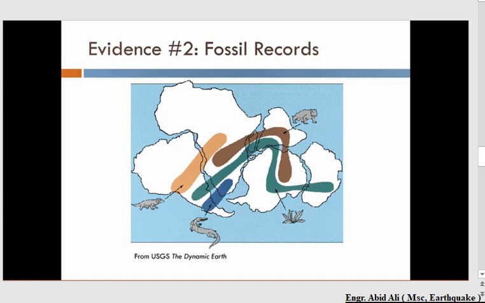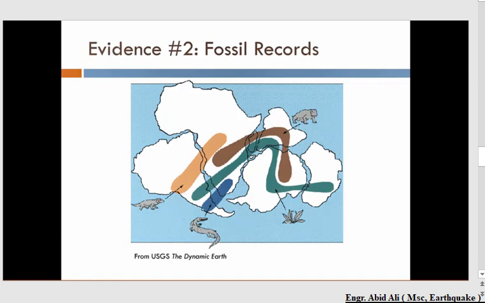So you can kind of see the different shapes. We have South America here, we have Africa here. So let's see, this looks like Australia, and this is Antarctica, and this is India or Asia.